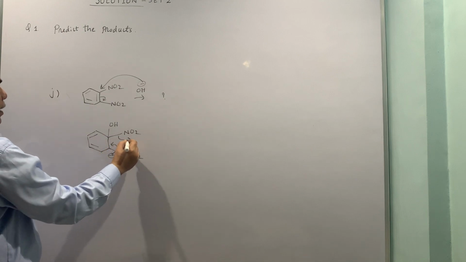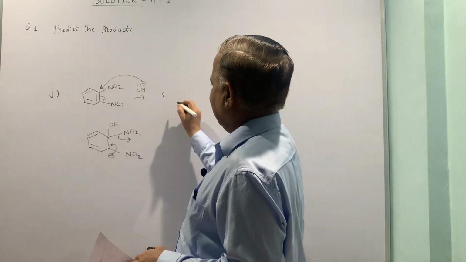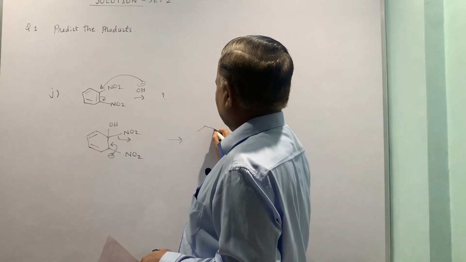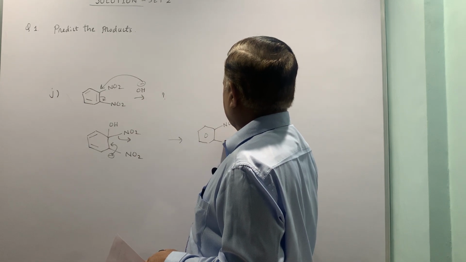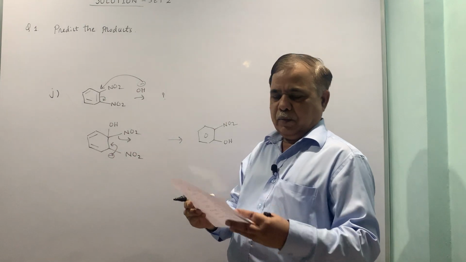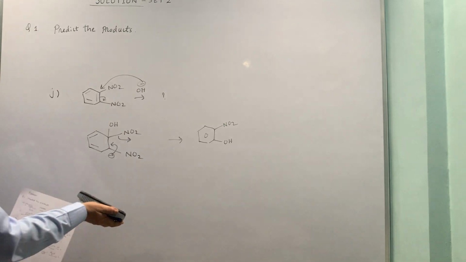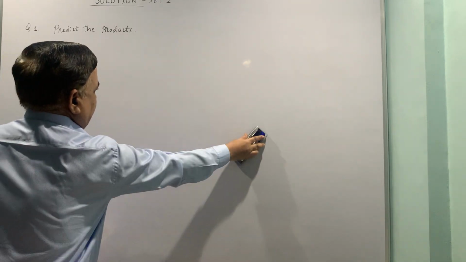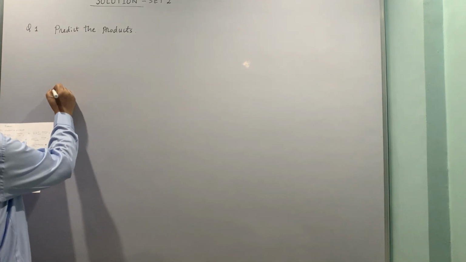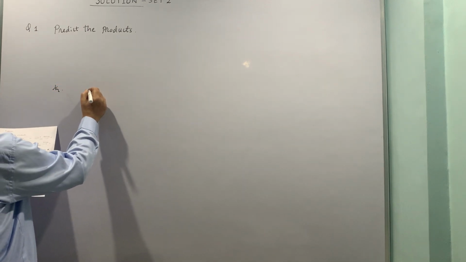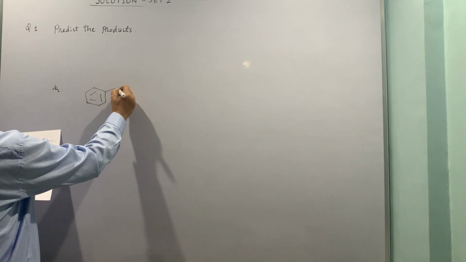Ultimately, this will cause the loss of NO2 minus, and the end product is going to be orthonitrophenol. This is the product of the reaction. If mechanism is asked, you are supposed to show the mechanism. If mechanism is not expected, then you just write down the product which is required by the question.